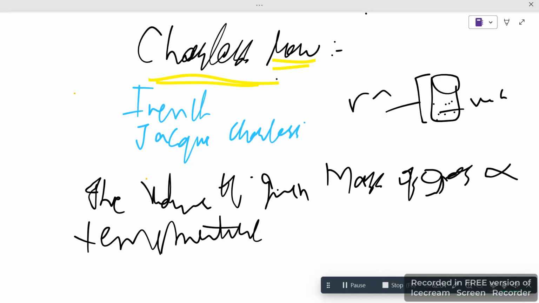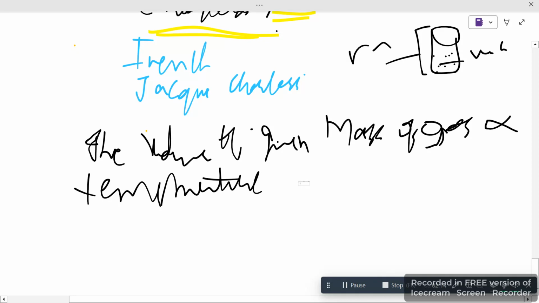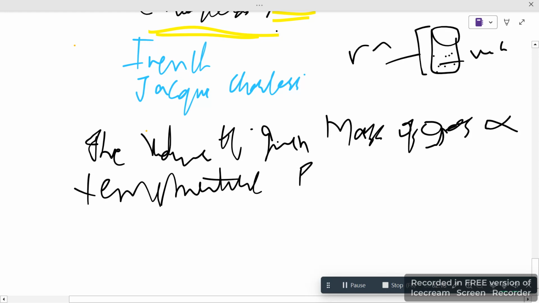And if you want to do this complete process, you are supposed to keep something constant, and that would be pressure. When pressure would be constant.